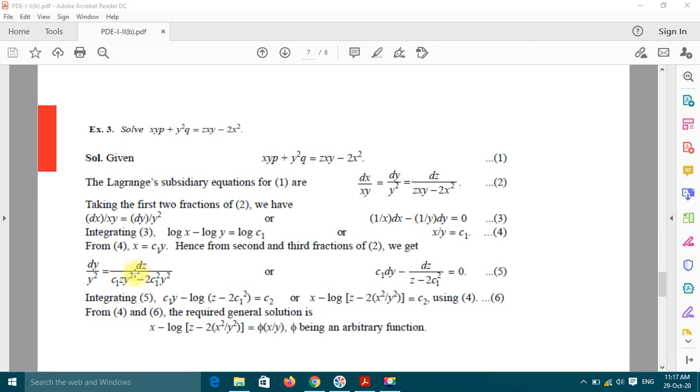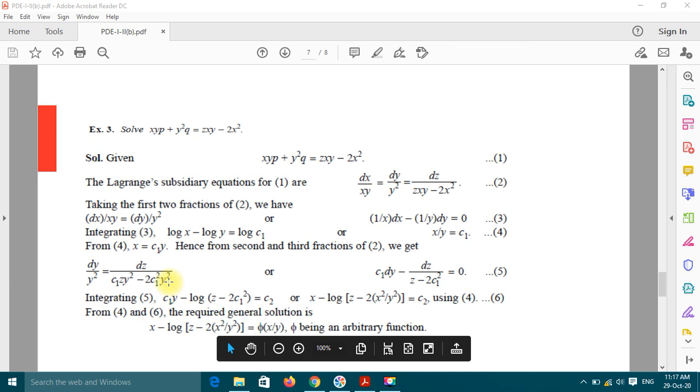So dz/(c1 z y² − 2c1² y²). Here y² is common, so y² cancels out, so c1 dy − dz/(z − 2c1²) = 0. Now we integrate it, then we get c1 y − log(z − 2c1²) = c2.